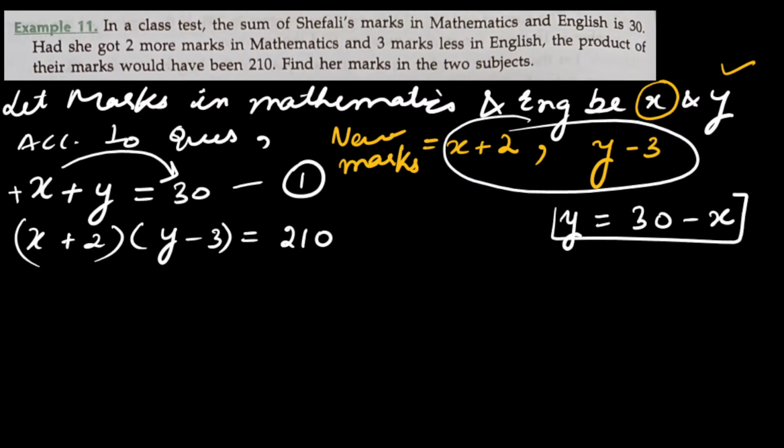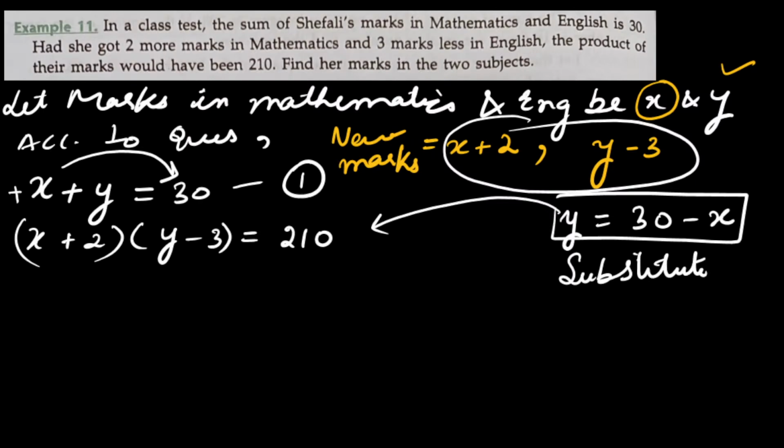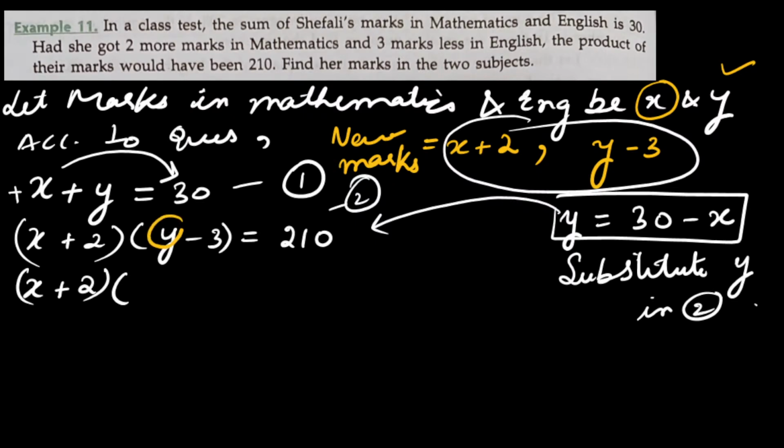We'll substitute this value of y in the second equation. I'll write x plus 2 as it is, and at the place of y, I'll write its value, 30 minus x, and minus 3 as it is, equal to 210.